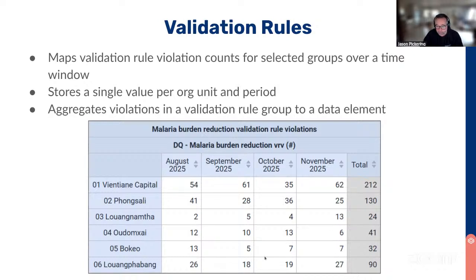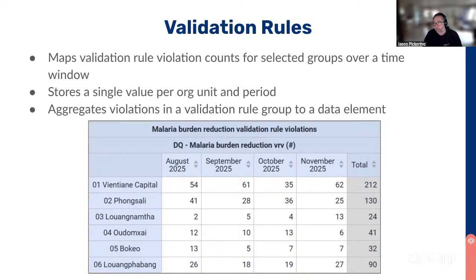You can see here that there's variation, I think this is maybe the district level in Lao. And it looks like for VN10, they have more validation rule problems than, say, Bokio, right? So there is a single value that's stored per org unit and period at the level where the data is collected, right?